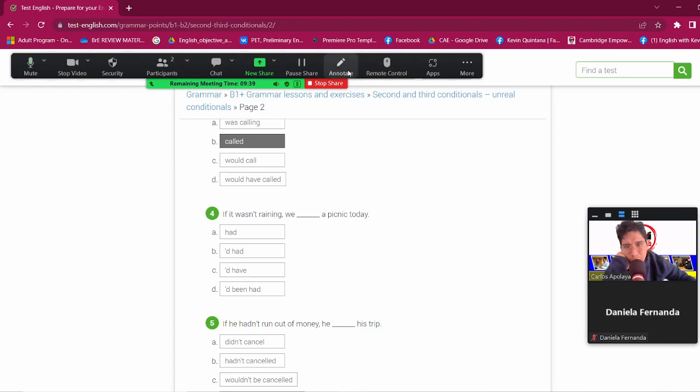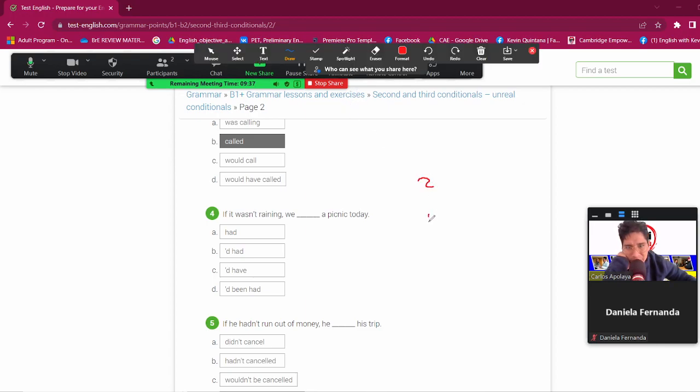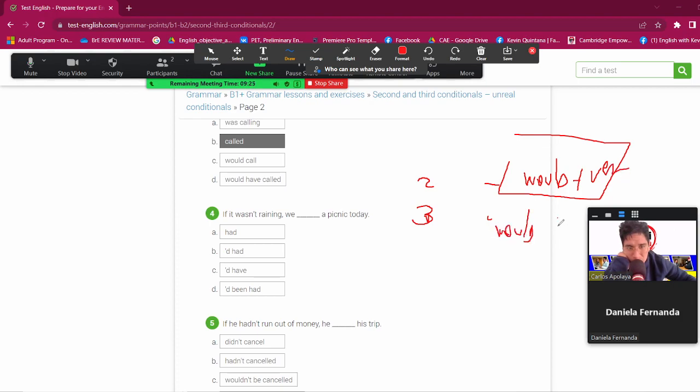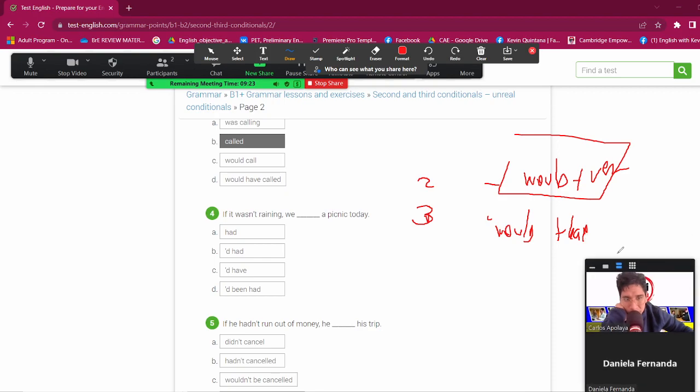Are you sure? A ver, cuando tenemos segunda y tercera condicional, ¿cierto? Nuestro resultado en qué va? En would plus the verb. Y en tercera es would have plus the verb in PP. Okay, so in this case, ¿qué tengo aquí? Yo tengo un pasado, ¿cierto? Un pasado, pero en este caso es progresivo.